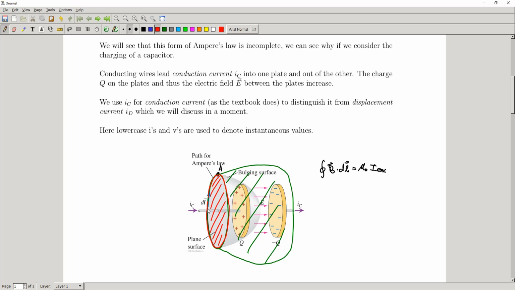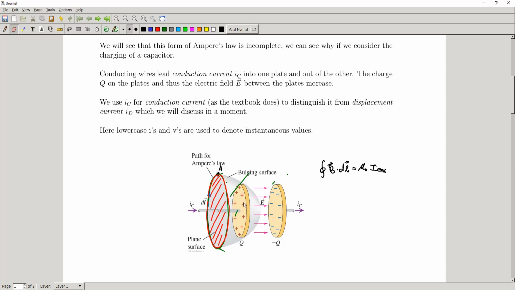And if you're looking for what current is enclosed, well, what punctures through your bag here? Well, IC punctures through the bag out this side, and so the whole thing works again. You do the calculation, you end up with the same result for the magnetic field at A here. Let me now get rid of this green bag thing here.